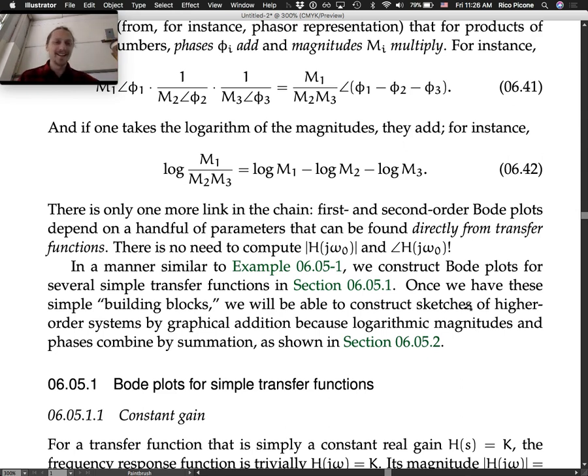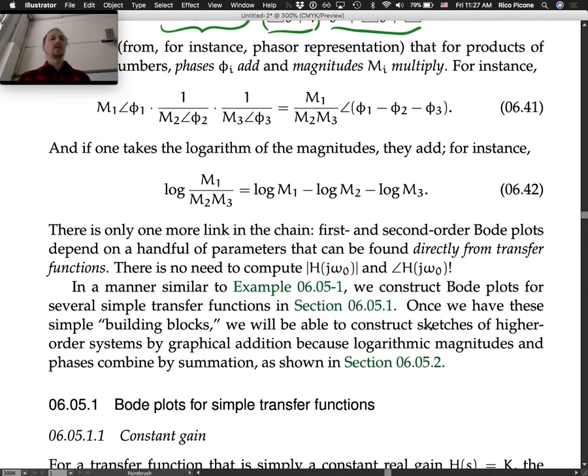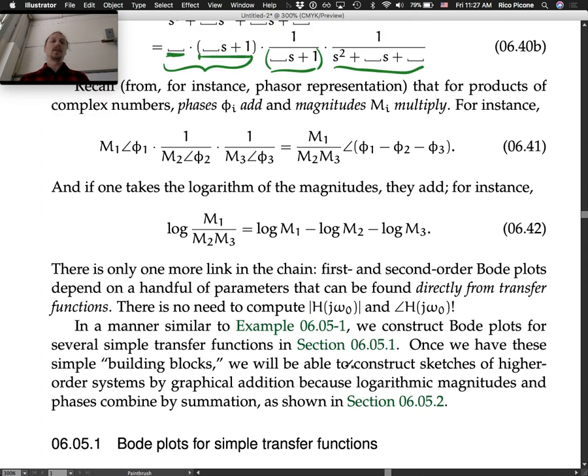So let's get back to this. In a manner similar to the example, we construct Bode plots for several simple transfer functions in this next section. Once we have these simple building blocks, we will be able to construct sketches of higher order systems by graphical addition, because logarithmic magnitudes and phases combine by summation.